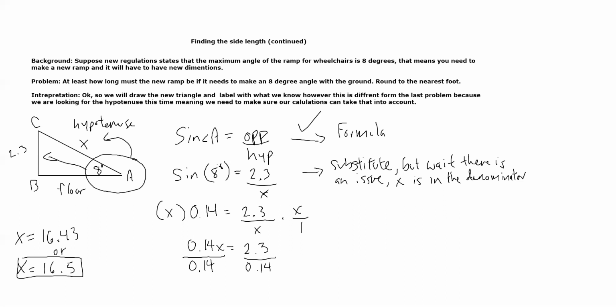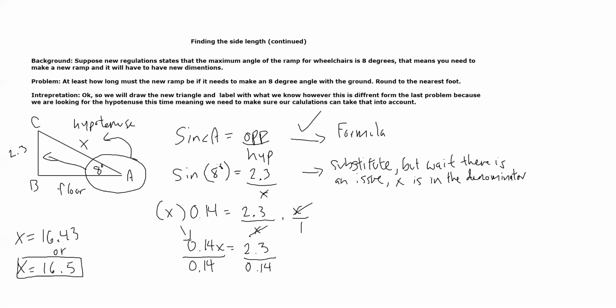Anyways, 0.14 times x, I just kind of put them together. I just put the 0.14 first. I put the x next to it. 0.14 is multiplying by the x. The x's on this side cancel out. So I actually moved the x over from the right side of the equation to the left side of the equation doing this. And I'm left with 0.14x or 0.14 times x is equal to 2.3.